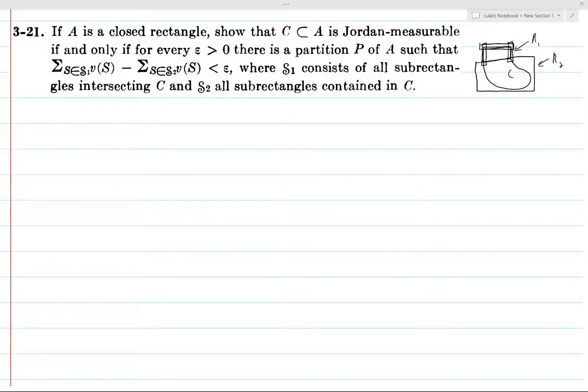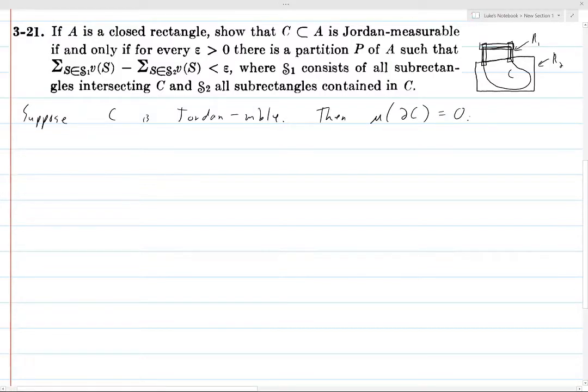So suppose C is Jordan measurable, I'll abbreviate it like that. Then what this means is that the measure of the boundary of C is 0.